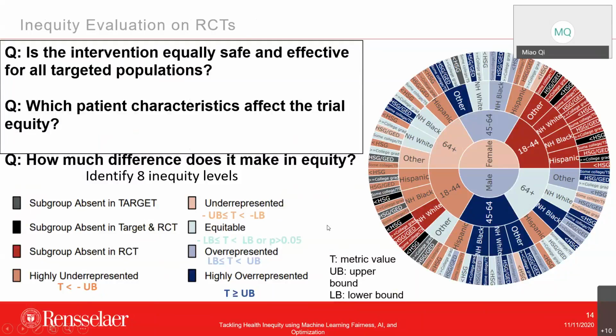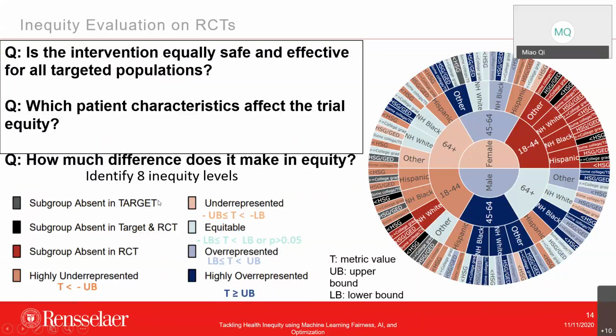Actually, for each metric, we have 2 bounds, the upper bound and the lower bound. The upper bound is used to separate the highly inequitable subgroups from the inequitably represented subgroups. And the lower bound is used to separate the equitably represented region of the subgroup from the inequitably represented region. So here we identify 8 inequity levels. The subgroups may be absent in the target population.